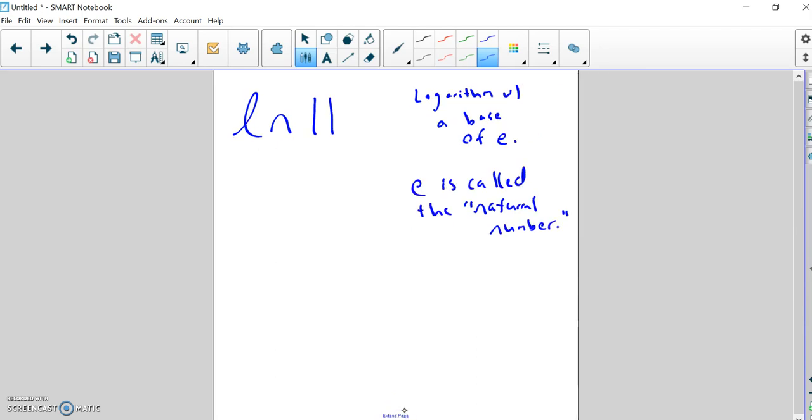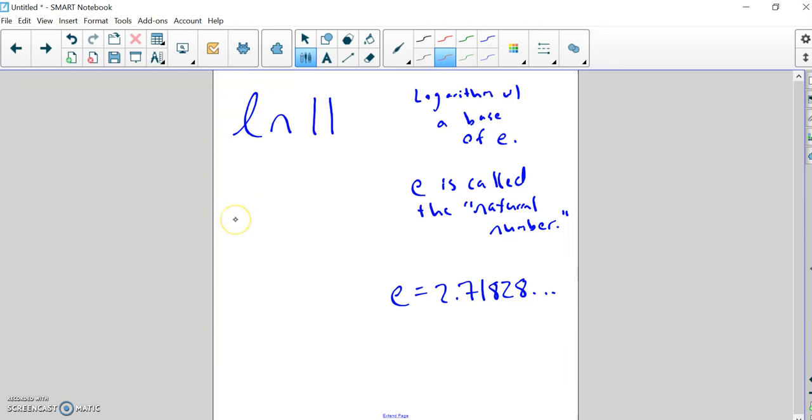And just like pi is equal to 3.14 and so on, e is equal to 2.71828, and then it keeps going. I'm not going to dive in too much to what e means in this class because you'll learn a lot more about it in pre-calculus. What it helps us do is measure things like population growth and different things with money, but all you need to know right now is it is called the natural number.